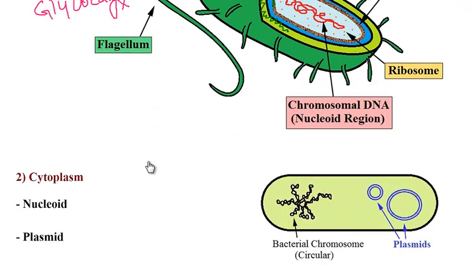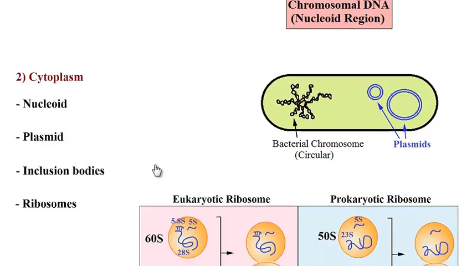All right. Then the next component of prokaryotes is cytoplasm, which is basically a semi-fluid solution that is encased by the plasma membrane. The structures that you will find inside prokaryotic cells include a nucleoid. So nucleoid is basically the region that contains the coiled circular DNA.